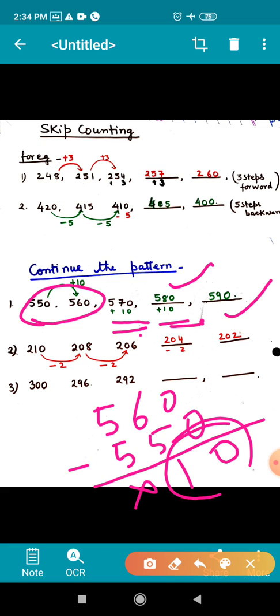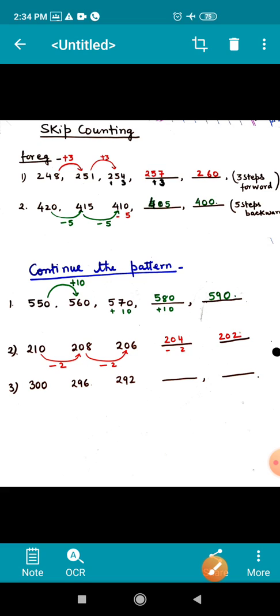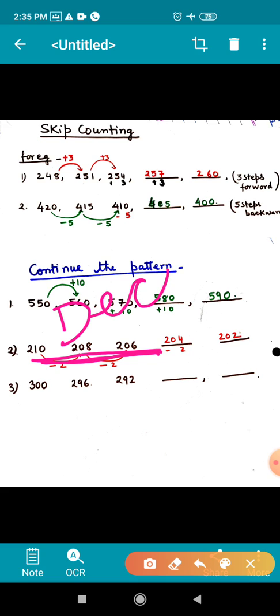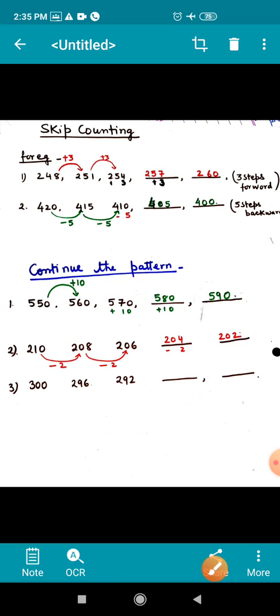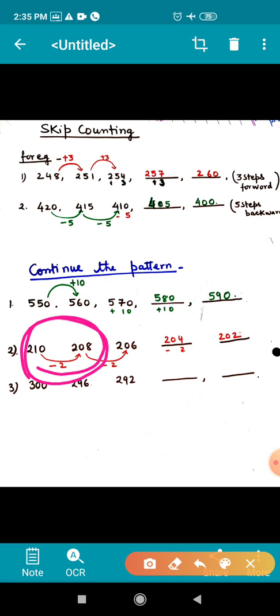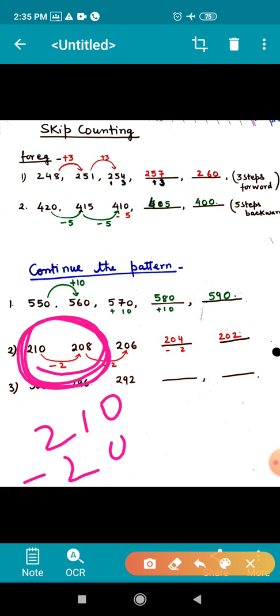Okay. Now let us take the second example. Here you can see the numbers are decreasing. Decreasing means you have to subtract. What number you have to subtract? Then you will take these 2 numbers and find the difference. 210 minus 208. 10 minus 8 is 2, and here 0, 0, 0.